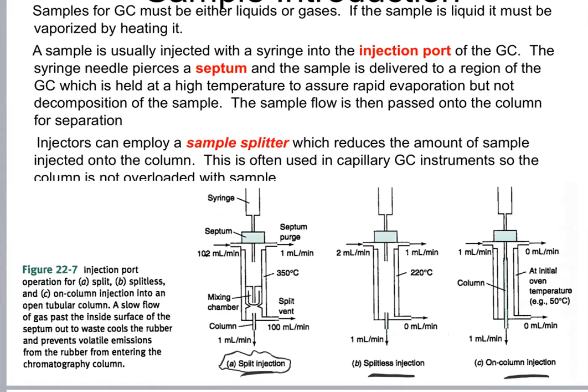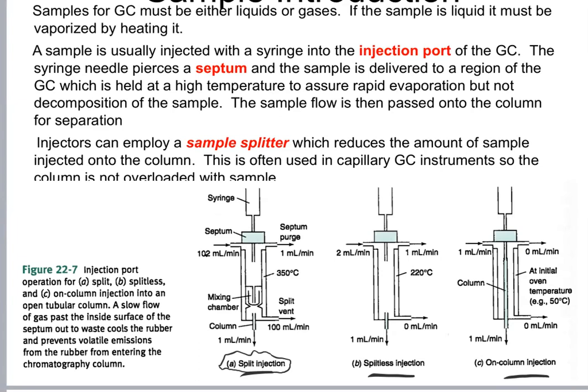It turns out that this particular apparatus is essentially a means that chemists or analysts can use to purposefully waste some of their sample. And that sounds crazy, right? Why would you want to purposely waste some of your sample?